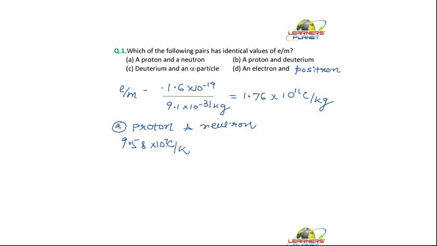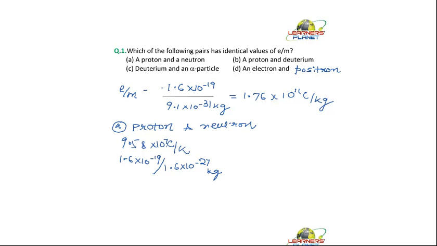I hope you can find it out. That is 1.6 into 10 to the power minus 19 coulombs is the charge, divided by the mass of proton, and that is what? It is 1.6 into 10 to the power minus 27 kg.